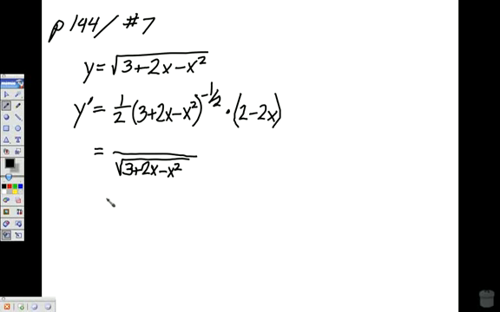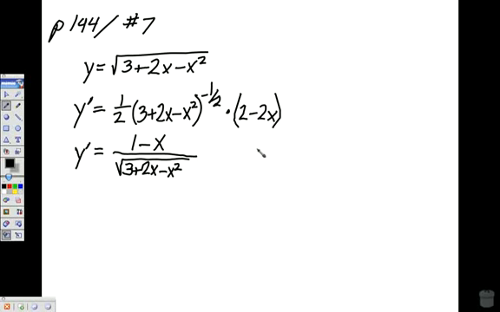That's on the bottom of the fraction. On the top, we still have the 1/2 and this quantity. If you distribute the 1/2 through these parentheses, 1/2 times 2 is 1, minus 1/2 times 2x is x. There's the derivative. That's y prime.